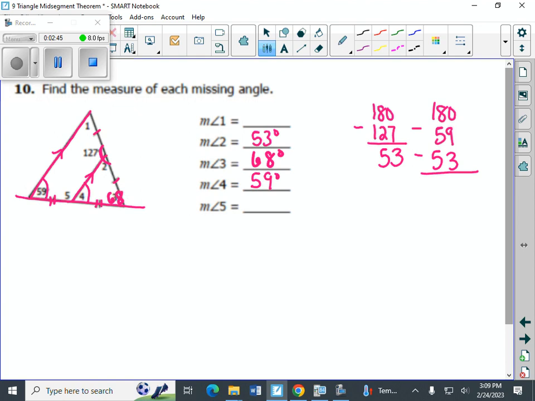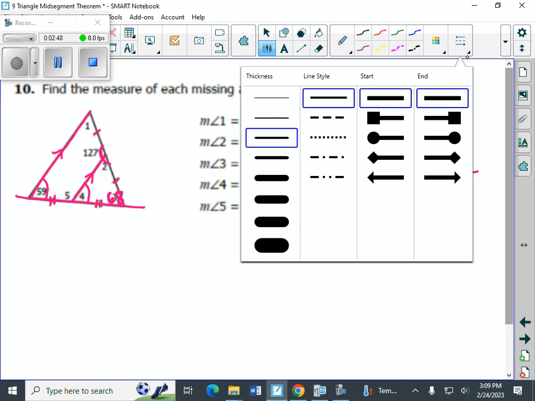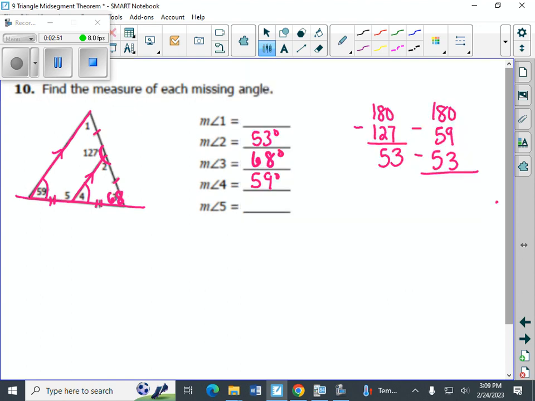And that is helpful because now we can figure out what angle 1 is, because we're looking at this entire big triangle. So here's 59 in the big triangle, here's 68 in the big triangle, and then here's angle 1. We can take 180 degrees and subtract the 59 degrees that we were given and the 68 degrees that we just found.